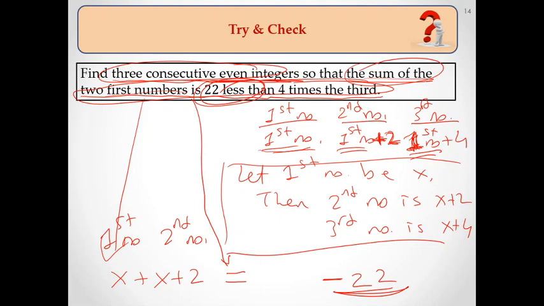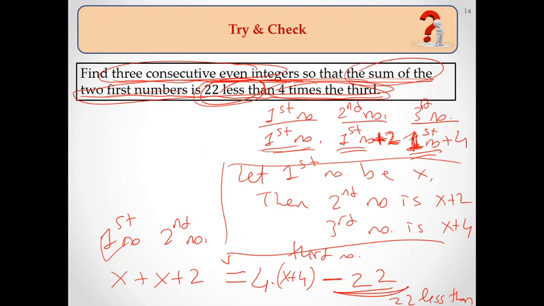This is standing for 22 less than. And 4 times the third number. The third number is x + 4. And then we will end up with this equation, and let's try to solve this equation here.